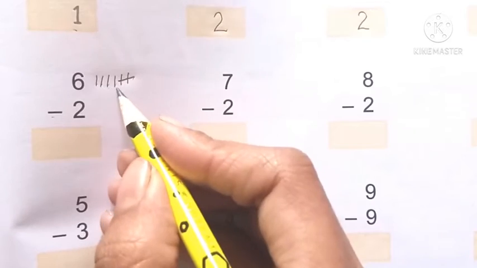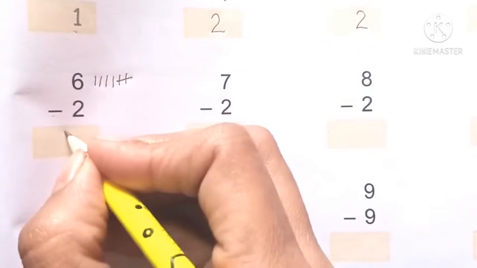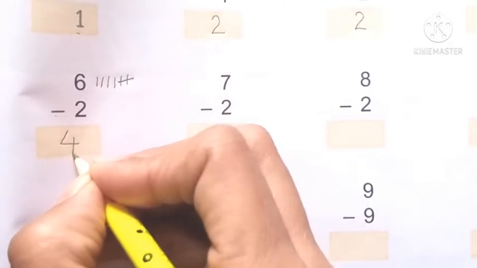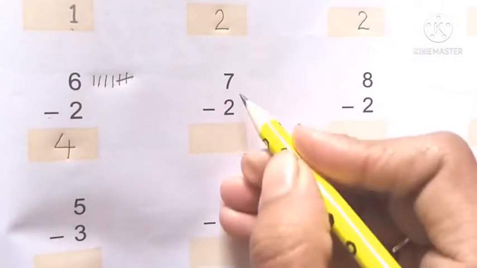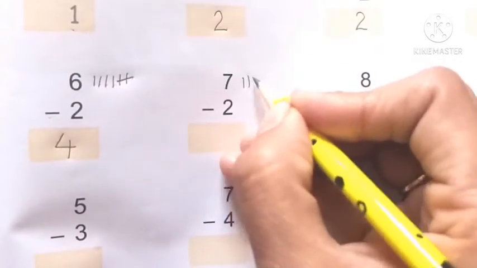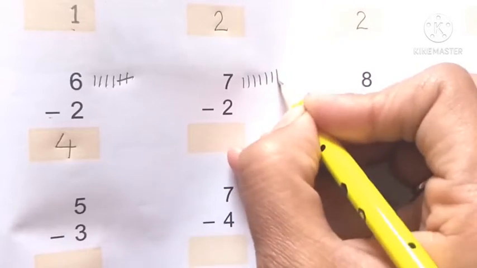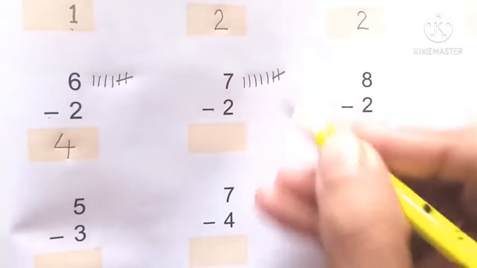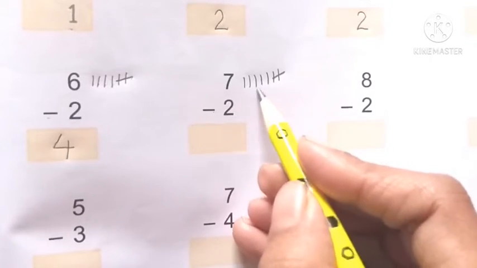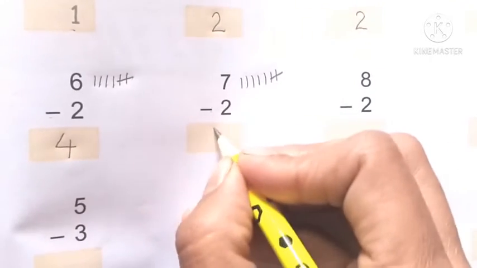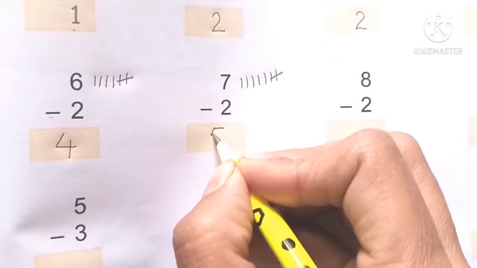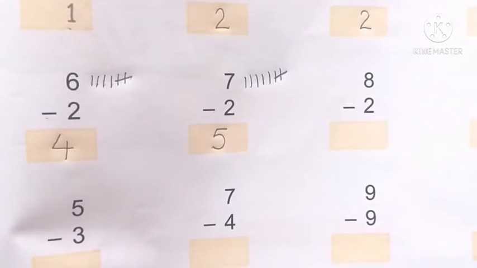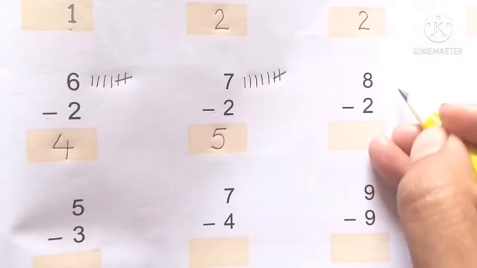Our result will be 4. 7 minus 2. Cut 2 lines. 1, 2, 3, 4, 5. Our result is 5.